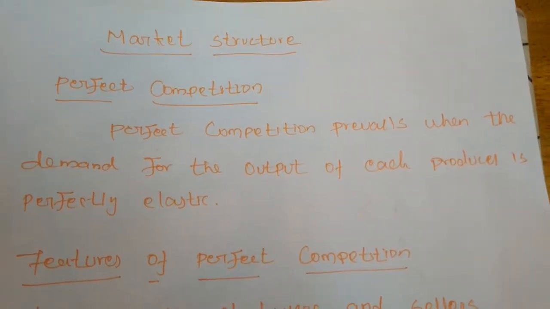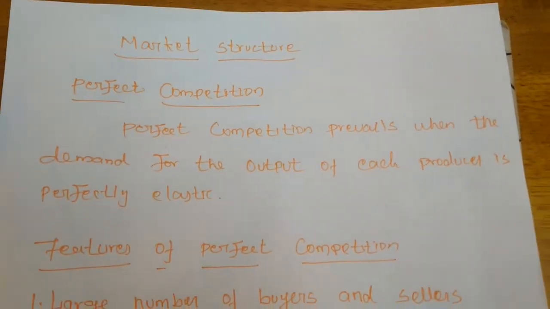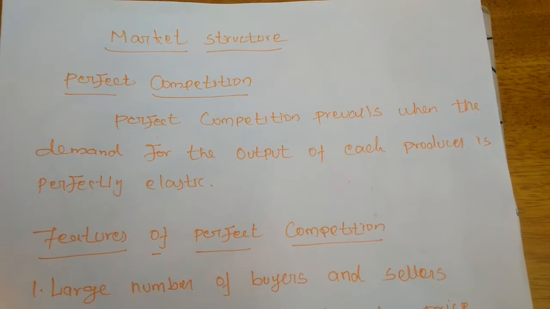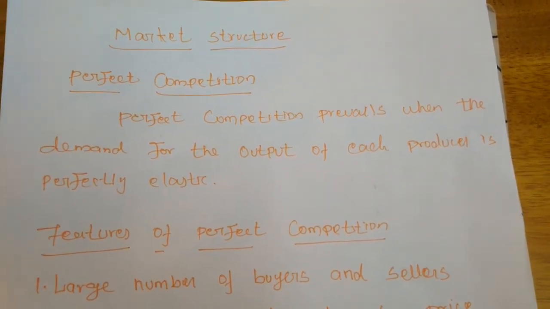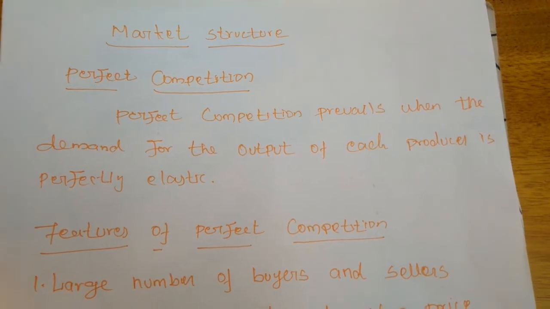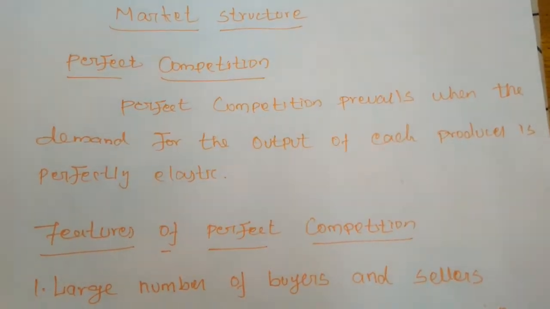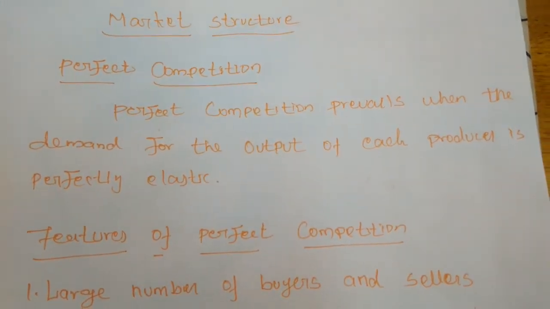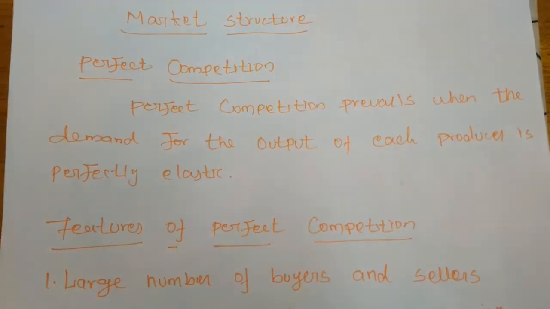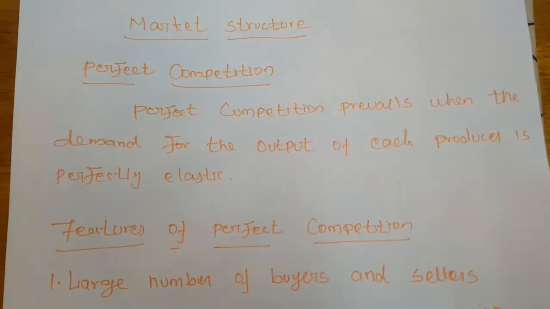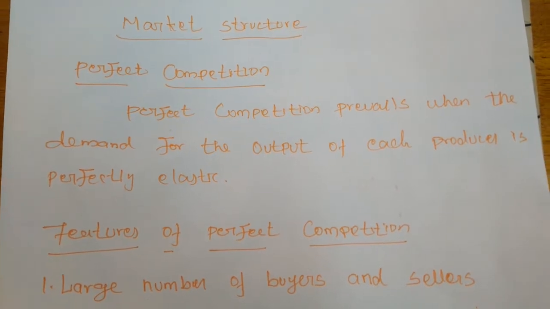When there is more demand and the supply is equal to the demand, many producers or sellers will come to the market and sell their product by increasing the supply of the commodity. So it is an ideal but imaginary market. A 100% perfect competition cannot be seen.